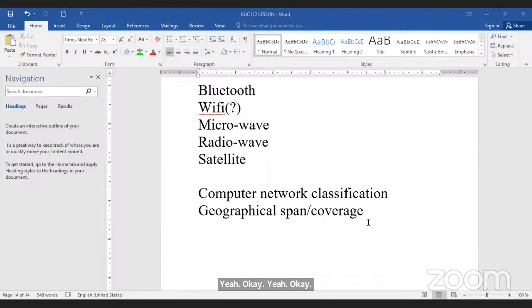Yeah, so we can classify computer networks depending on geographical span.